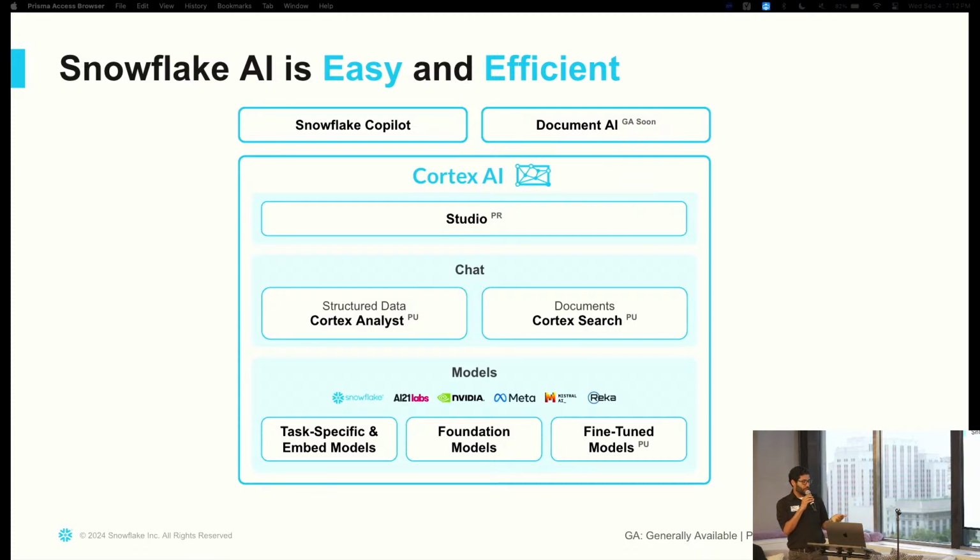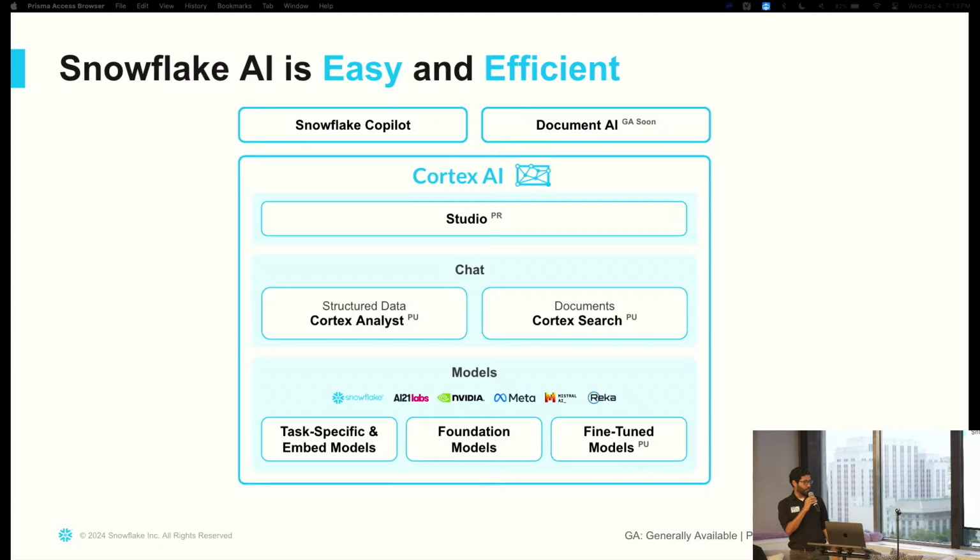We also offer you the ability to fine-tune your models in case you're not happy with the way they are working. You can fine-tune them easily within Cortex. And if you are a low-code, no-code user and you don't have a lot of experience using models, you could use one of our task-specific functions. Things like sentiment analysis and translation can be done easily. So that's the bottom layer.